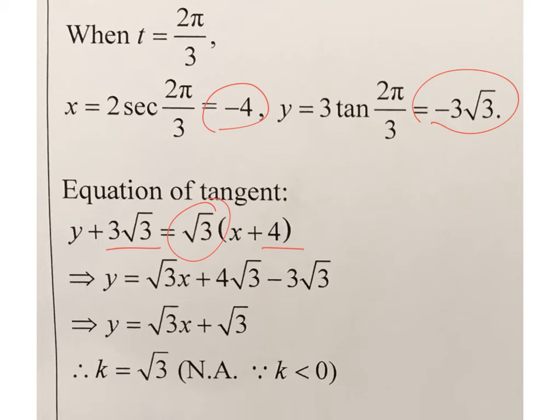Simplify this equation and you will get the equation of this line to be y equals root 3 x plus root 3, and hence k equals root 3, which we have to reject because in the question we are told that k is actually negative. So a question to you will be, what does this tangent represent for the curve?